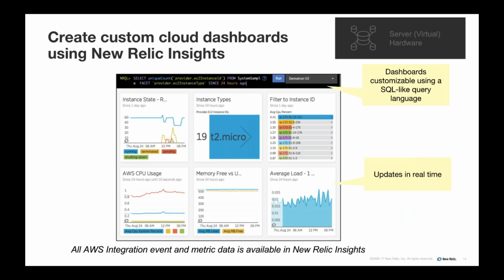So as I was saying, right now with New Relic, you can gain insights into browsers, into mobile, into the applications themselves, instrumenting your software, and then you can gain visibility into the underlying infrastructure piece, and all that data that flows into New Relic can be visualized, consumed, studied and analyzed in New Relic Insights, which is our fully customizable dashboarding tool, with an easy-to-use SQL-like language that we call NRQL, or New Relic QL.